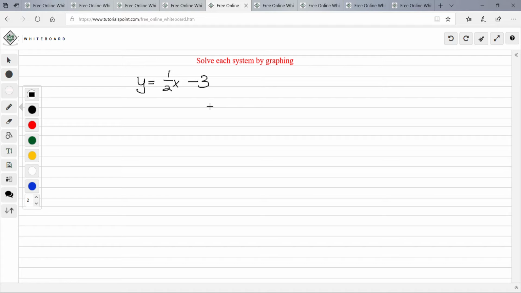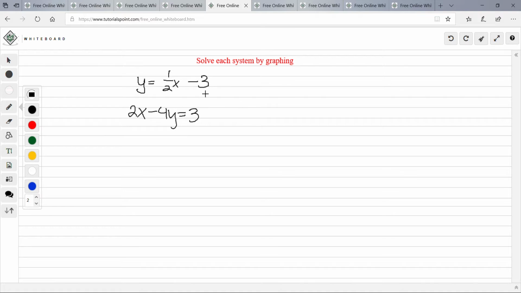Oh wait, there's another part: 2x minus 4y equals 3. Because I'm really lazy, I'm just going to figure out the x- and y-intercepts and then graph those points. I don't feel like solving for y and then doing the rise over run. I'm just going to find the x-intercept and the y-intercept.